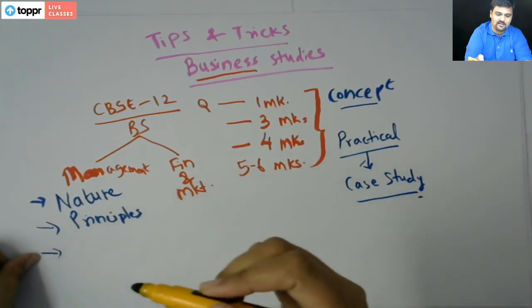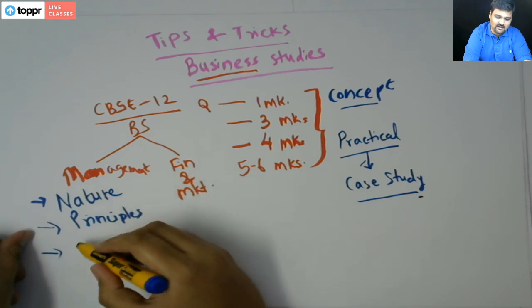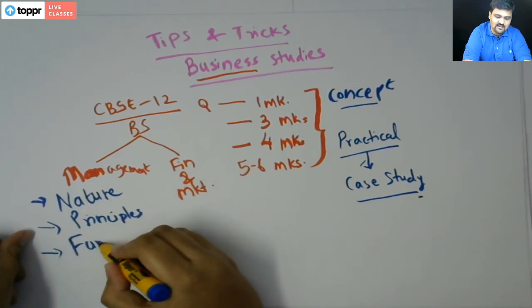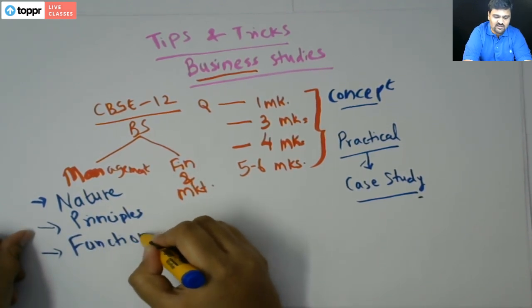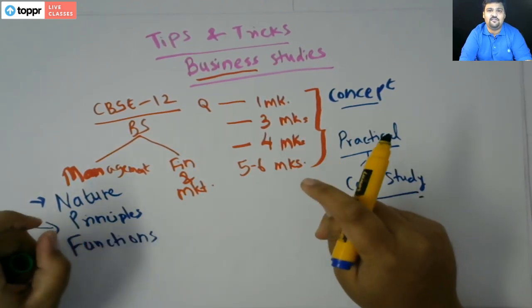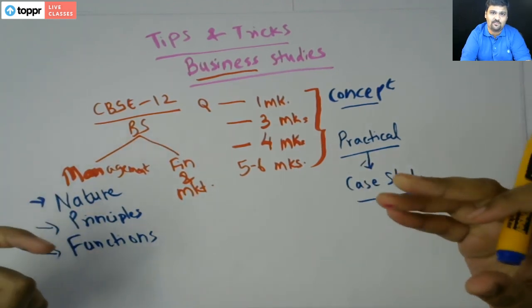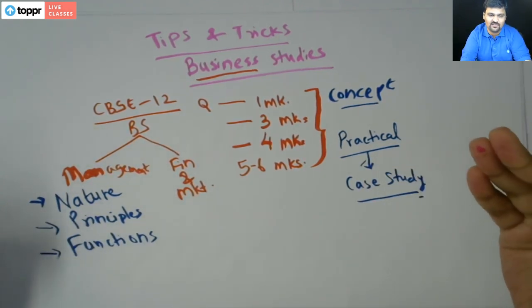Now, coming to this, as I said, nature and principles is always there, but it is also necessary that you know the functions of management. My dear friends, functions are what management or managers do.